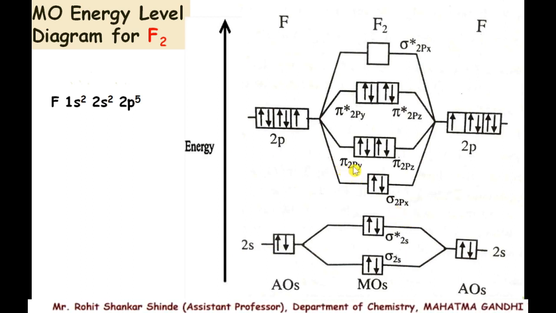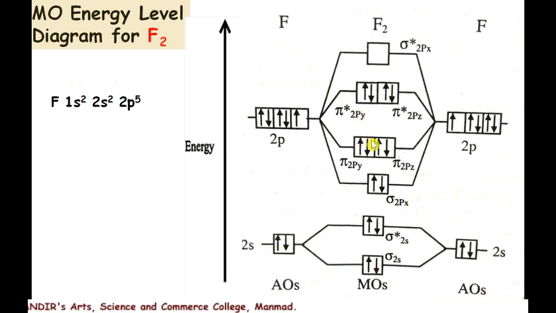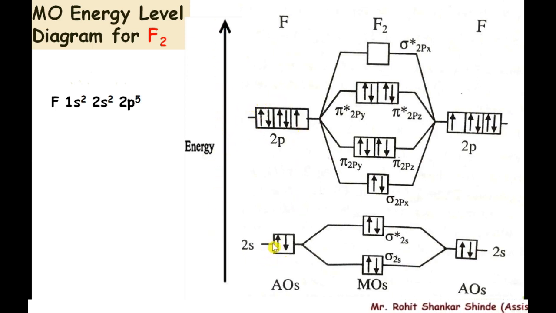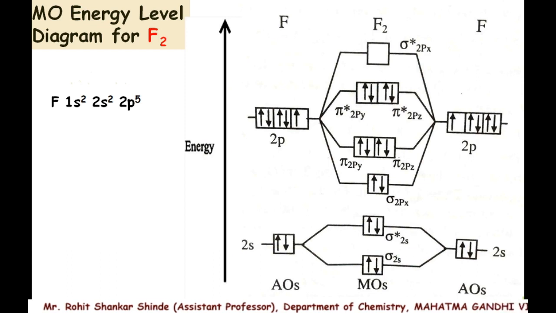After this 4 electrons go to pi bonding molecular orbitals, and remaining 4 electrons go to pi star anti-bonding molecular orbitals. So here energy is increasing from bottom to top. The number of combining atomic orbitals, that is 8, is exactly equal to molecular orbitals formed.